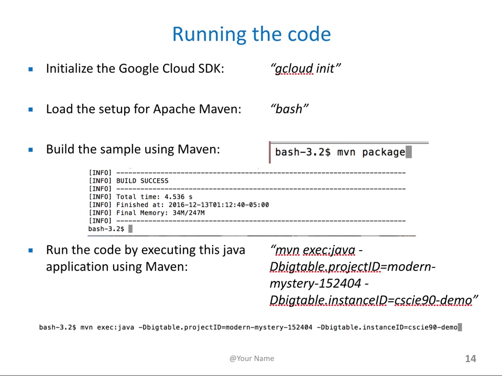So, running the code. Provided that we have installed Google Cloud SDK with Apache Maven, we can run the code. First, we need to initialize our Google Cloud SDK by running gcloud init in the terminal, and then we need to load our Apache Maven environment by loading bash.